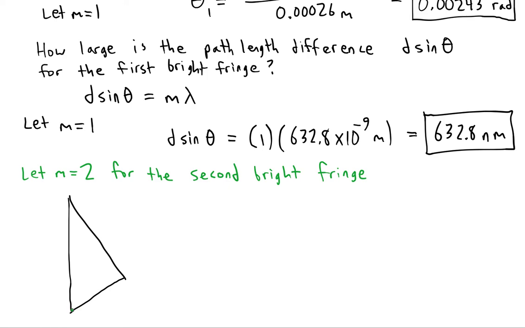And if that happens, we have to complete 2 whole wavelengths within that d sine theta path. It would now be equal to 2 lambda for the second bright fringe. And then, as you can see, when the waves emerge from there, they're going to be in phase and we'll get that constructive interference on screen yet again.